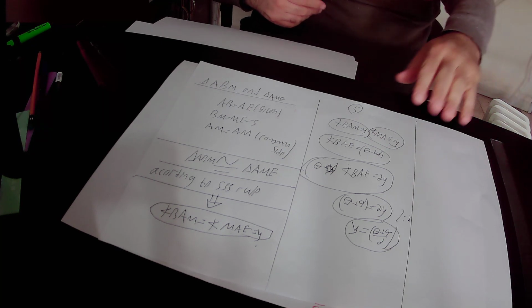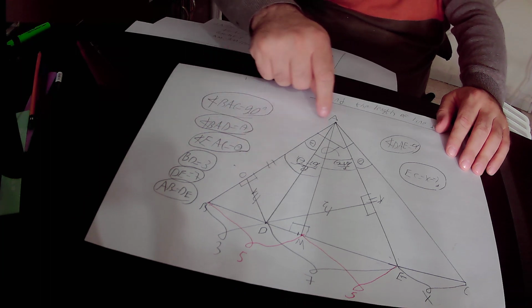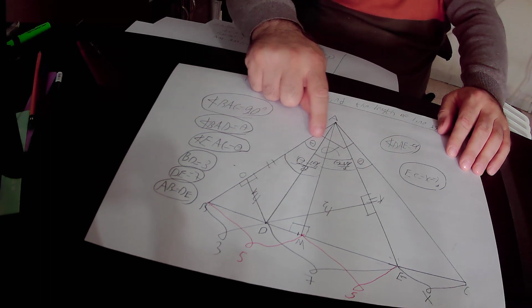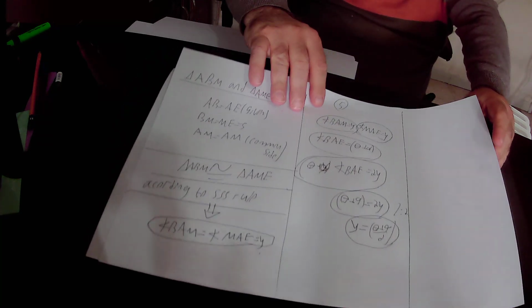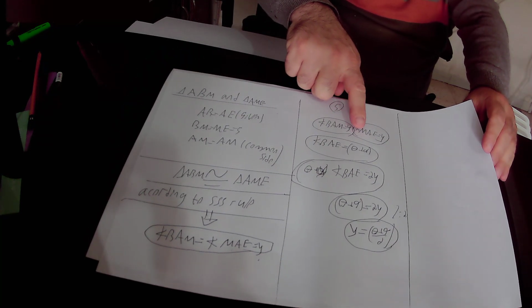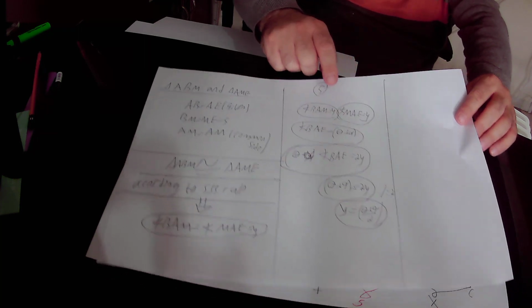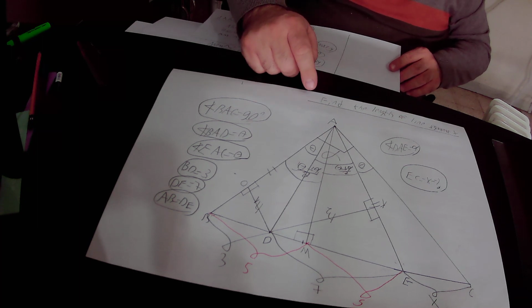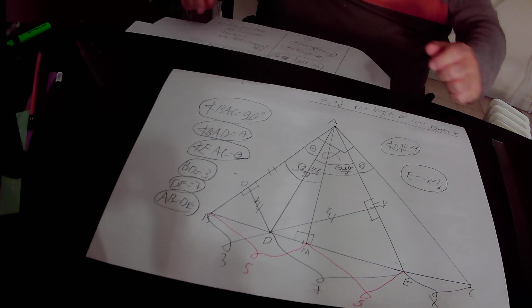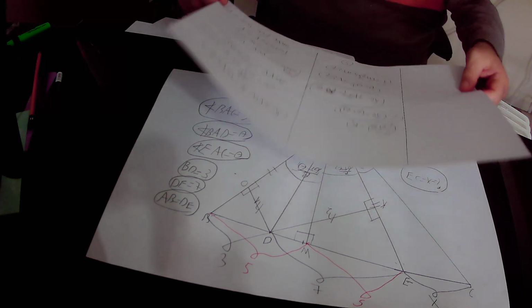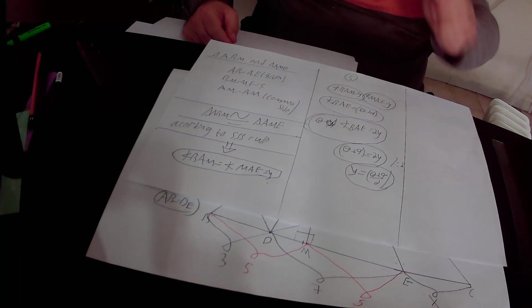And what is the value of angle BAE? From the drawing you can see that the value of angle BAE is equal to theta plus alpha from one side, but from the other side angle BAE equals y plus y. That is to say, angle BAE equals 2y.